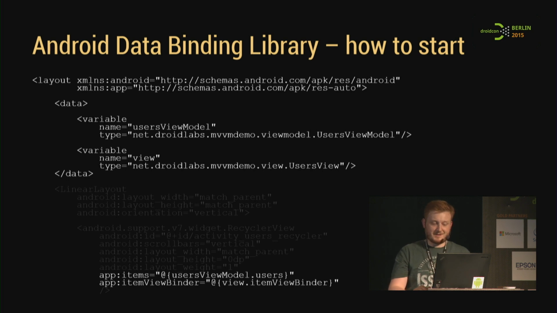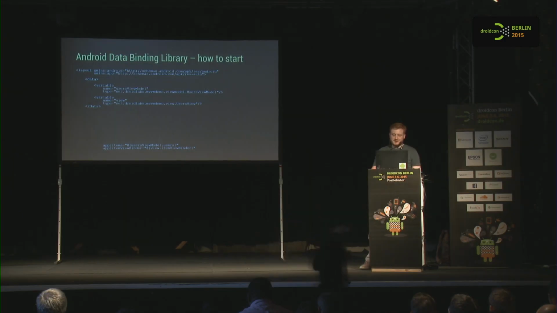And last but not least, of course, we have custom attributes in order to make the binding for our view model properties. I don't want to be boring, so I will not be talking about Android data binding library itself because you can read the documentation about it.